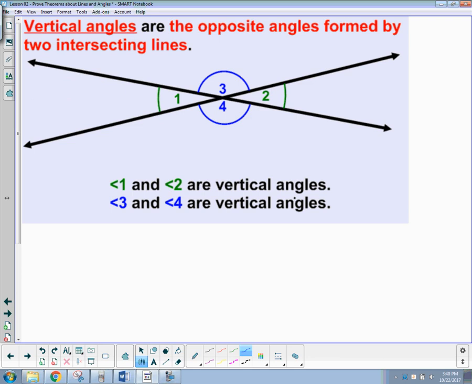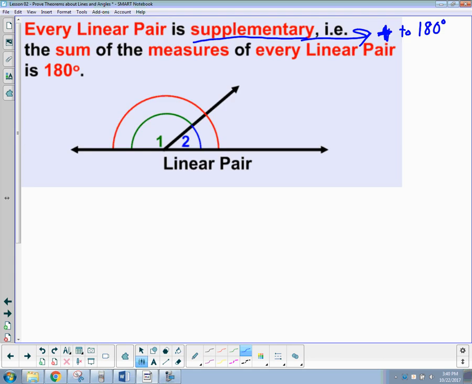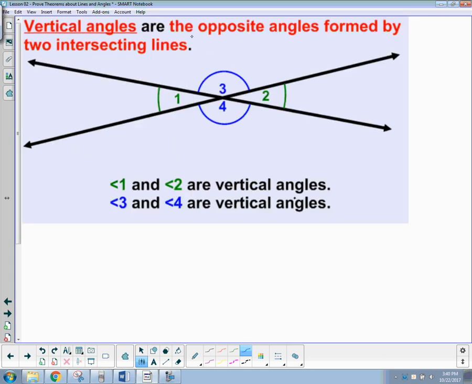Vertical angles, on the other hand, and again, guys, please do not confuse these two. Linear pair adds up to 180. Vertical angles are the opposite angles formed by two intersecting lines. Two intersecting lines, 3 and 4 are vertical angles, 1 and 2 are vertical angles.